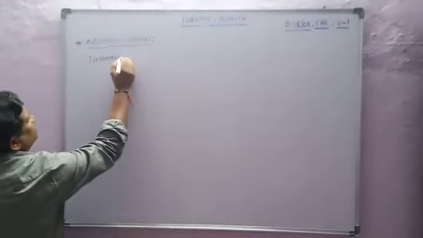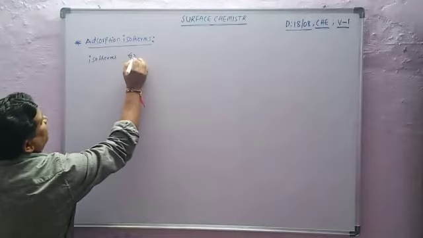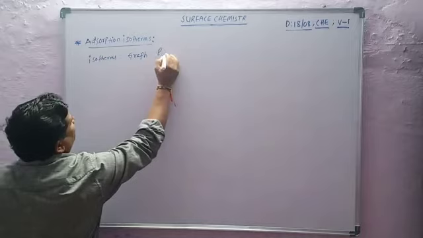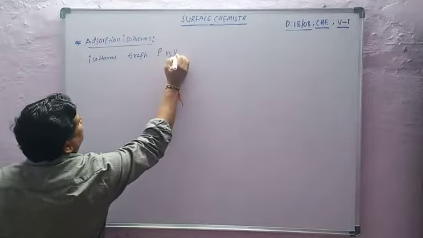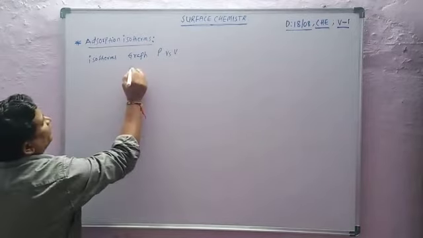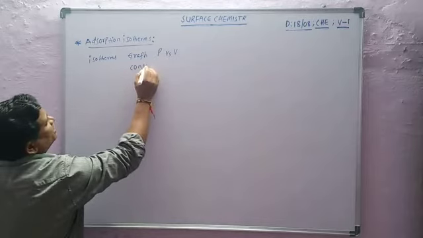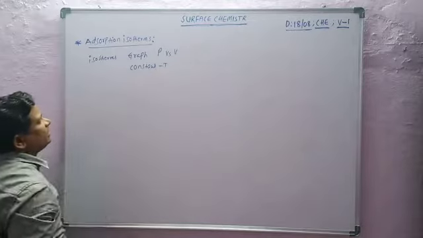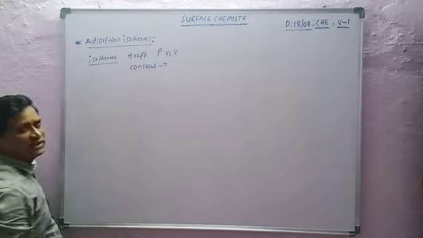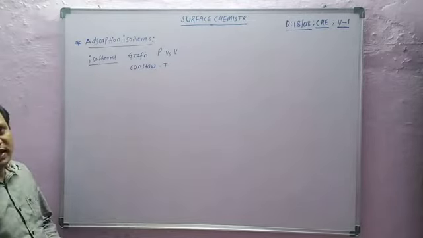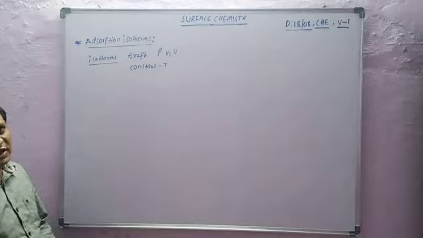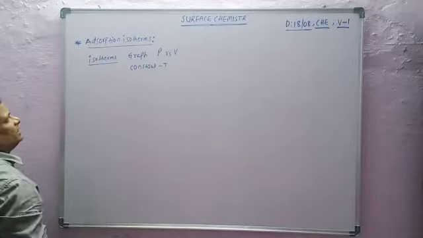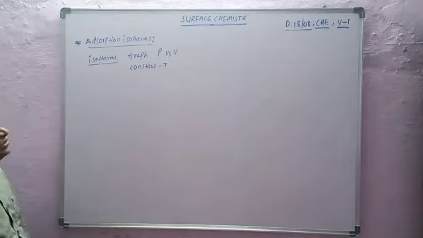Pressure versus volume at constant temperature is called isotherms. Now these isotherms are explained with respect to adsorption. That is adsorption isotherms.